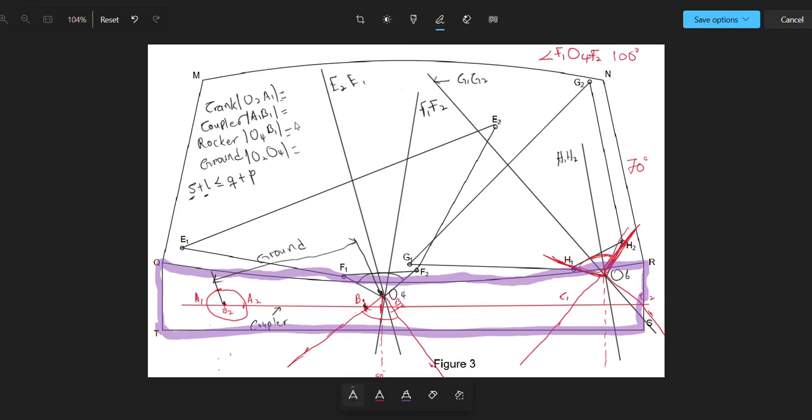There are four links, so you measure each one, look for the shortest, and add it to the longest link. It should always be less than or equal to the other two, because if not, then this crank cannot rotate.